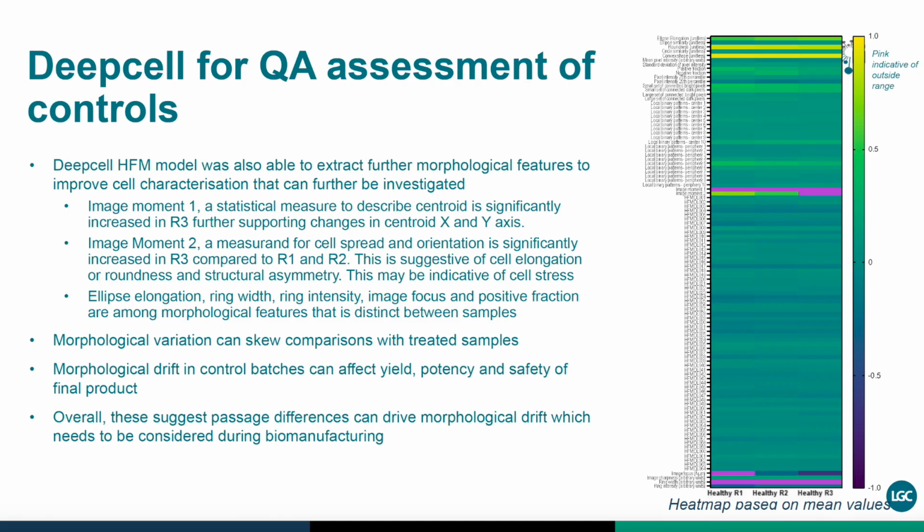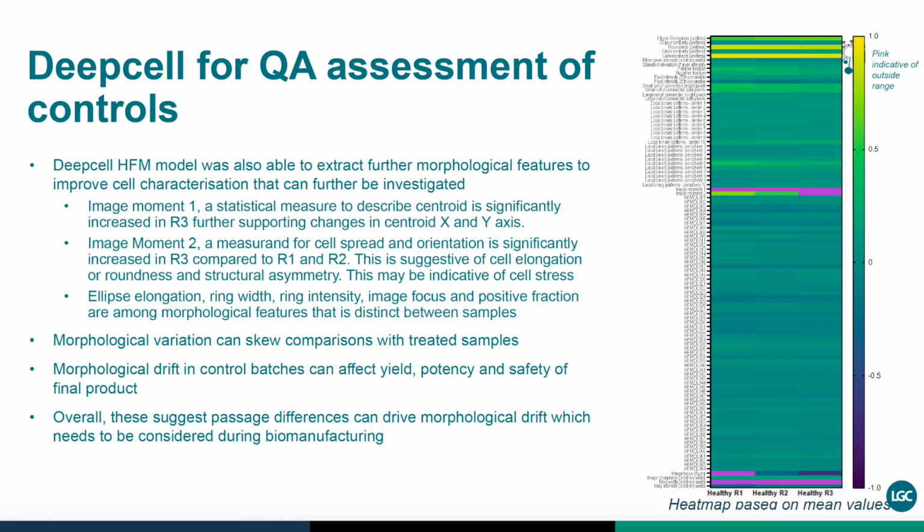So DeepCell was able to extract statistically significant features such as image moments and ellipse elongation that indicate stress and structural asymmetry. So some of these features help us understand the morphological drift in control batches that can actually affect the yield, potency, and safety.